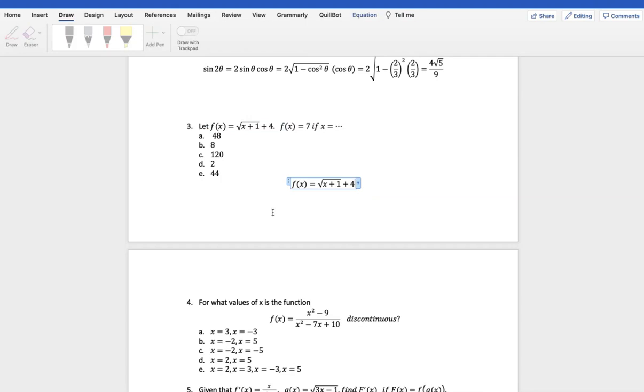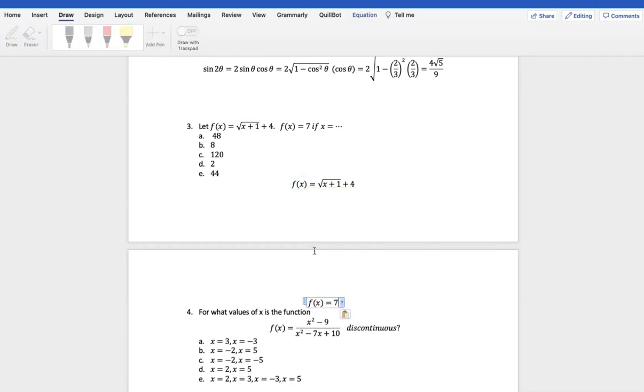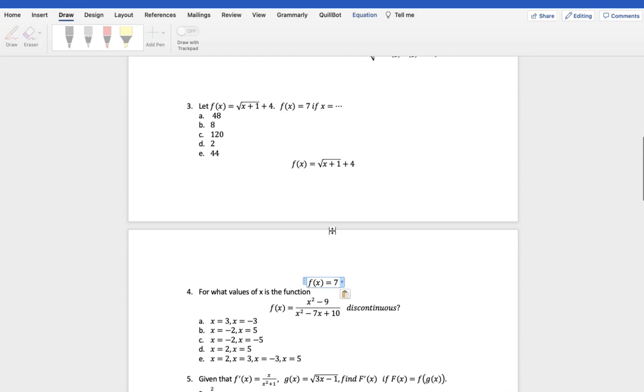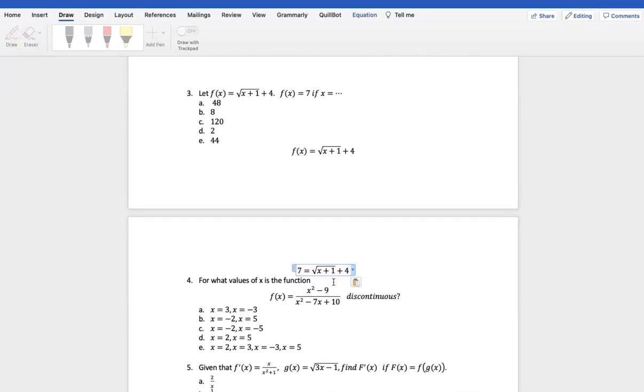So if you think about it, one way you can solve this is by just equating the left-hand side with 7 and then solving for x, right? I think that's the quickest way you can solve this. So when you do that, you have 7 is equal to the square root of x plus 1, and then plus 4, meaning that the square root of x plus 1 is just equal to 7 minus 4, which is 3, right?